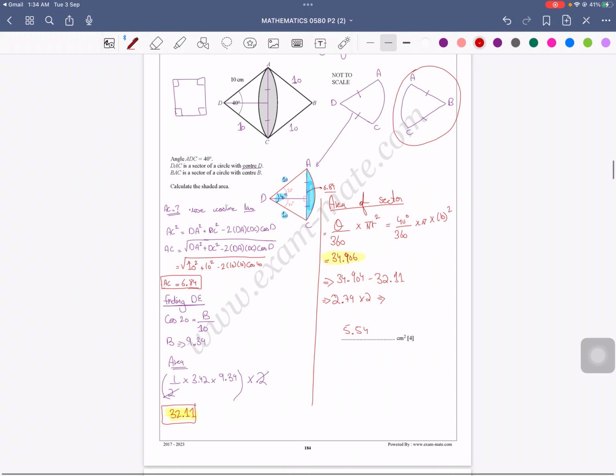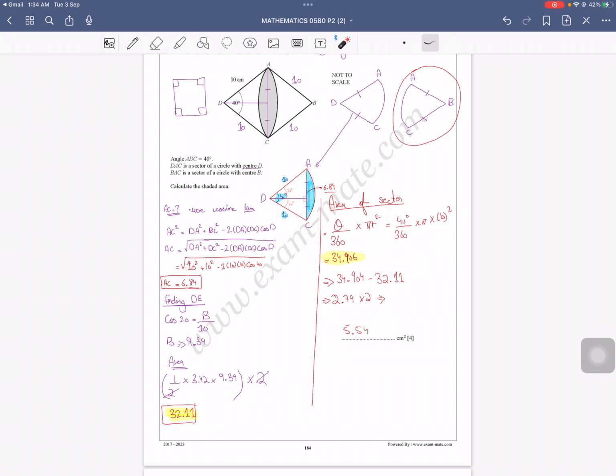Reiterating the entire process, we are going to pull apart these two overlapping sectors, right? This is what we did in this stage, and then we demystify the diagram, that is, it is a triangle inside of a sector. We find the area of a triangle by first finding this length and then this height, and then we find the area of triangle.